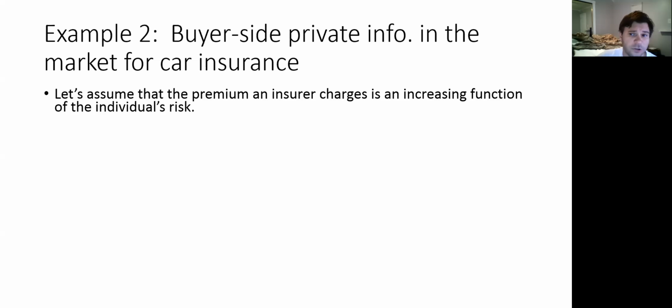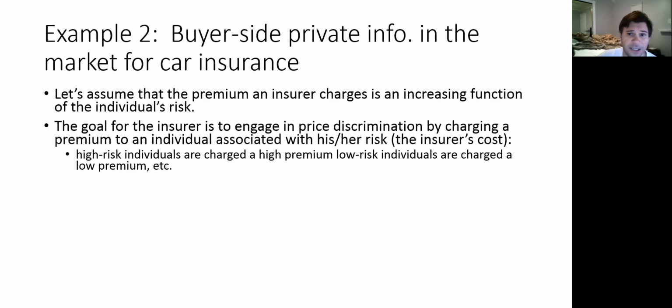The goal of the insurer in this regard is really to engage in some form of what is called price discrimination, which you should see in some material that was covered on monopolies. Price discrimination is the idea of treating buyers differently with respect to how you price them, right? Some buyers get higher prices, some buyers get lower prices, and so on and so forth.